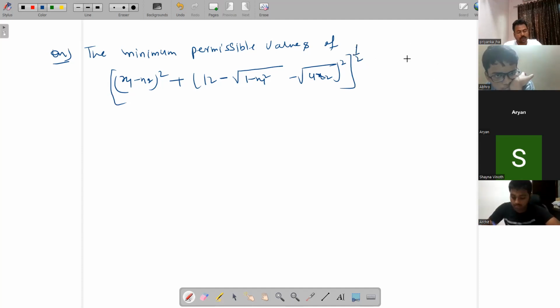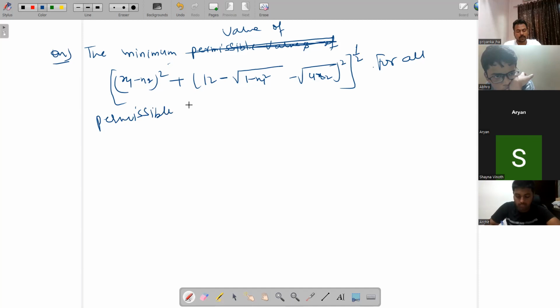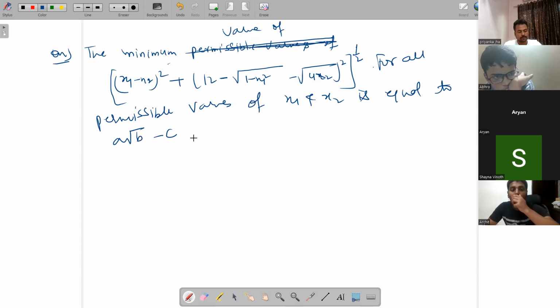The minimum value of this for all permissible values of x1 and x2 is equal to a root b minus c, where a, b, c all belong to natural numbers.